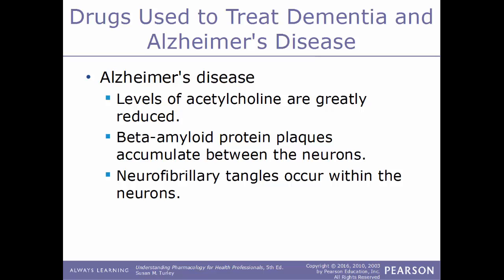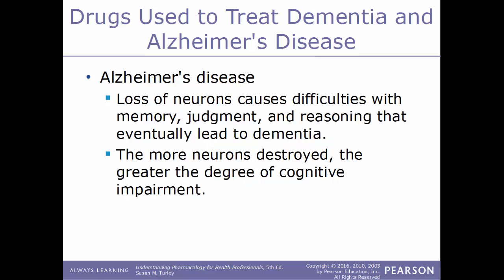You also have neurofibrillary tangles that occur within the neurons. And these tangles are actually the primary marker that would indicate Alzheimer's disease. Now, the loss of neurons with Alzheimer's will cause difficulty in memory, judgment, and reasoning that will eventually lead to dementia. And the more neurons are destroyed, the greater the degree of cognitive impairment.